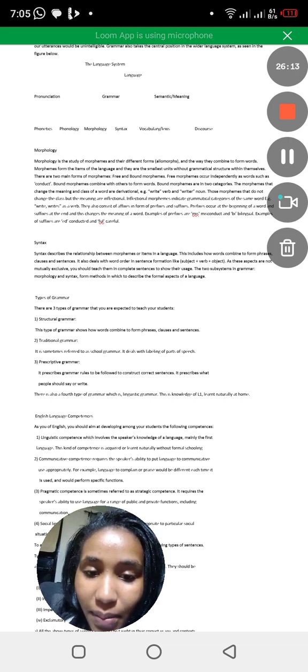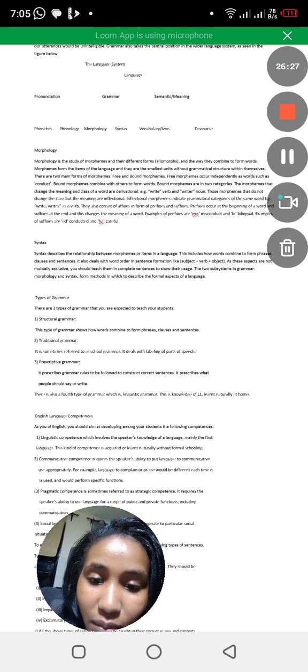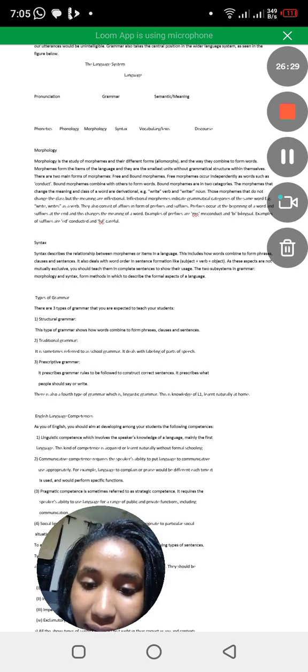So, this is the general criteria for selecting grammar teaching methods. The choice of teaching method is left to your discretion. However, there are certain criteria that need to be taken into consideration before a method is selected.